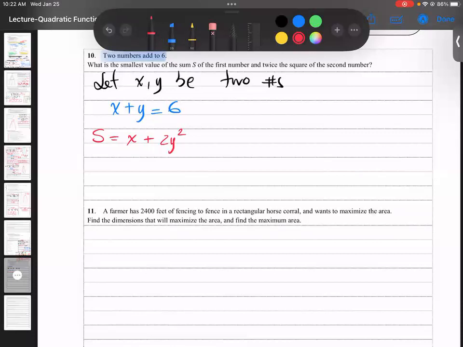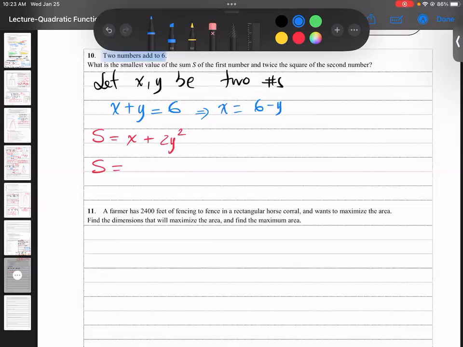Can you substitute in? We're gonna substitute in for x. Should I solve for x or should I solve for y? It's not wrong to solve for y, but I'll tell you why I want to solve for x. Once I have x, I'm gonna plug it in.